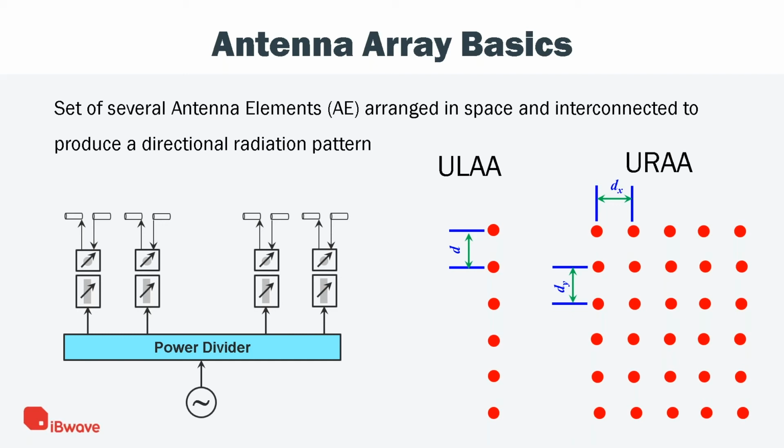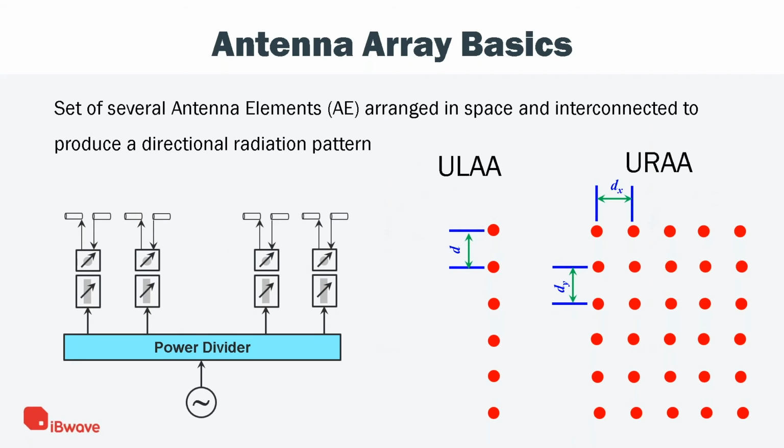In addition, if the distance between the antenna elements is uniform, then we call this type a uniform linear antenna array or uniform rectangular antenna array. So this is widely used in the industry.